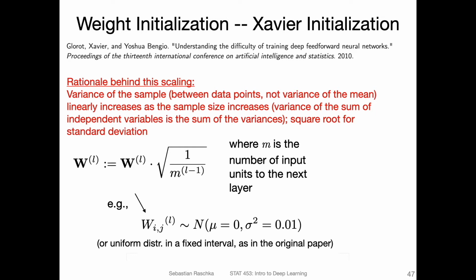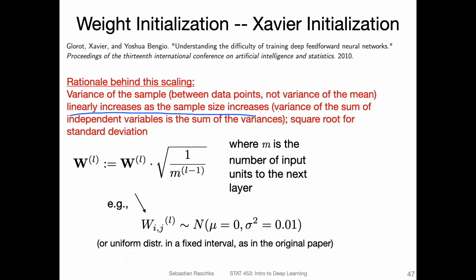If you have an increasing number of units in the previous layer, which is what I'm thinking of here as the sample size, then the variance of the sum increases because you have independent variables, and you're just adding up the variances.